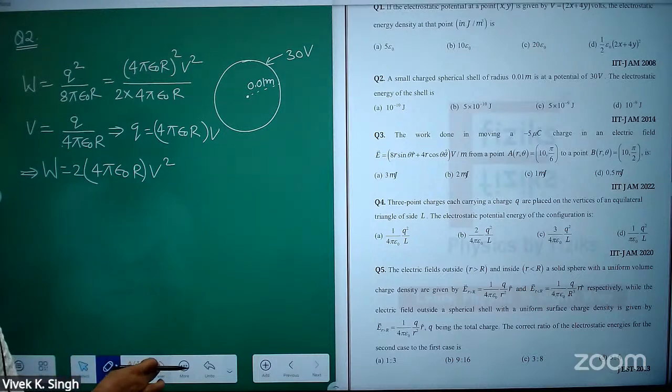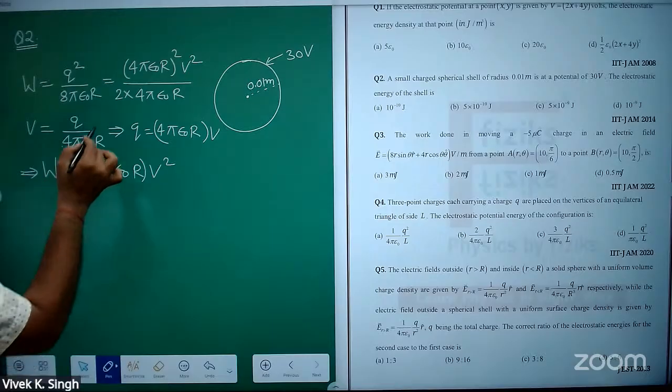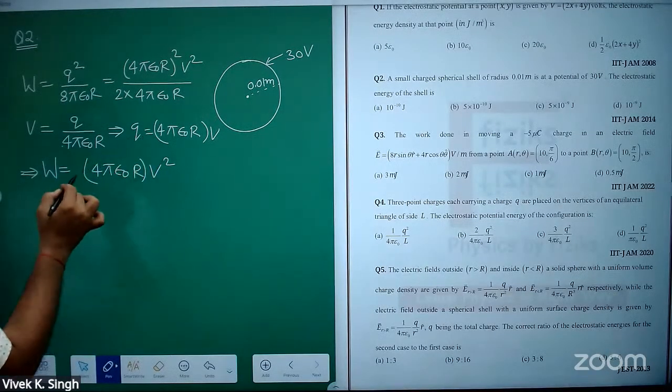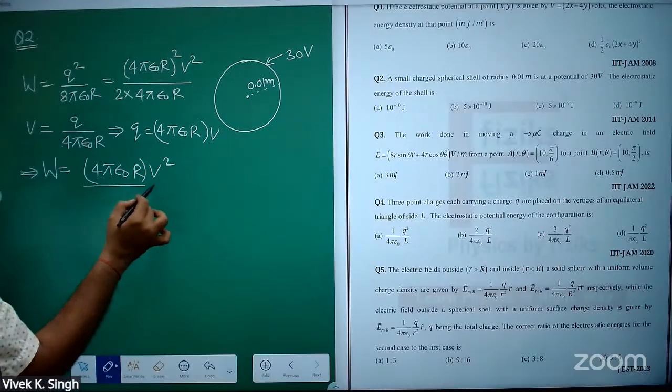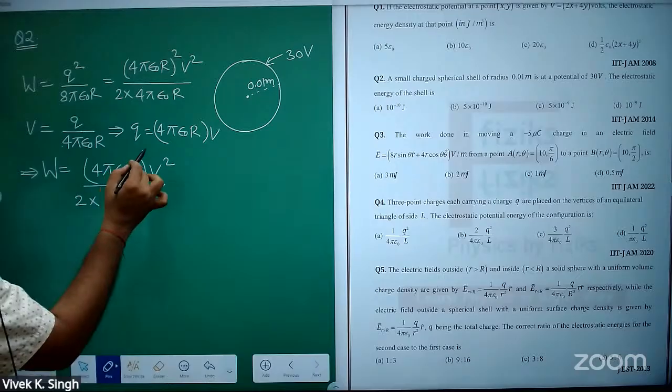So what will you get? I have replaced this. Now I am taking here 1 by 2, because this is given by 4 pi divided by 2 into 4 pi epsilon 0 R. This will be square.